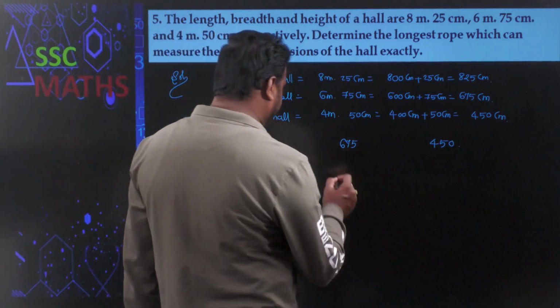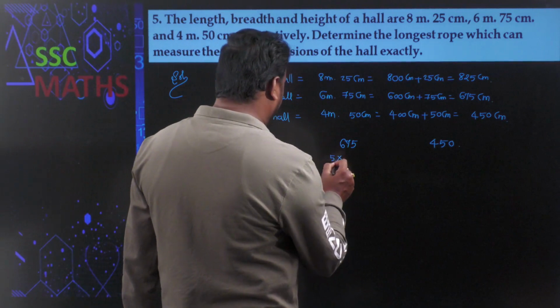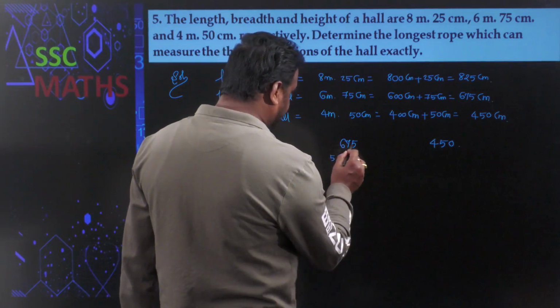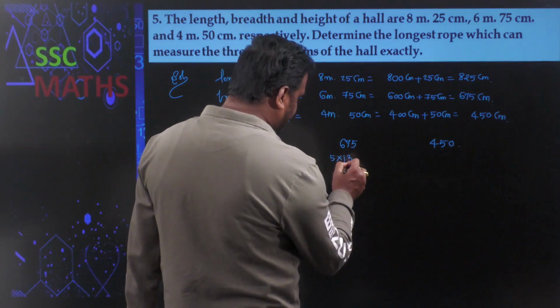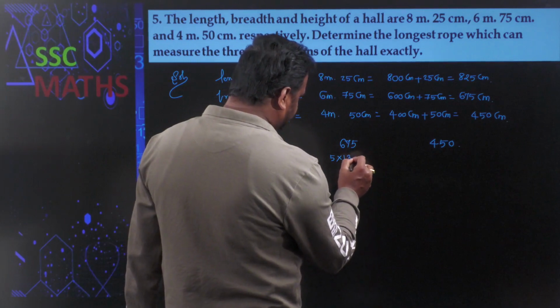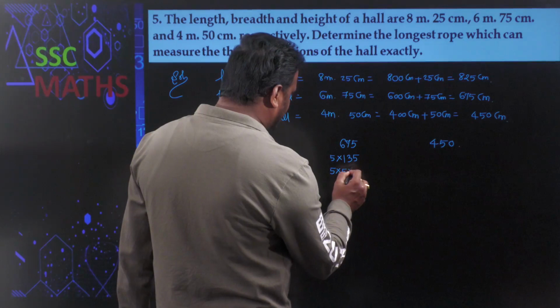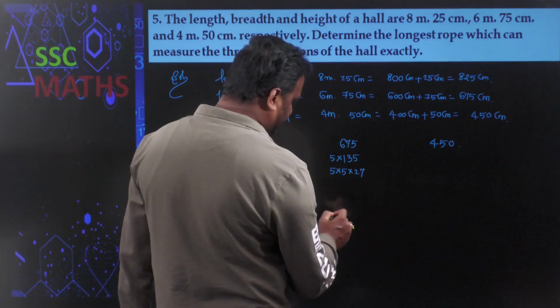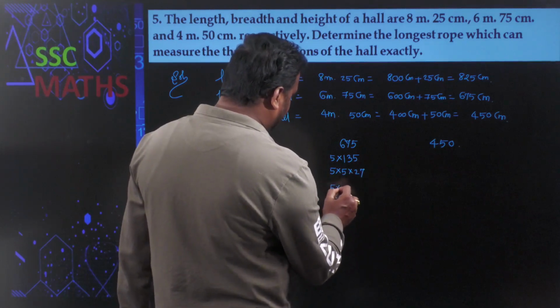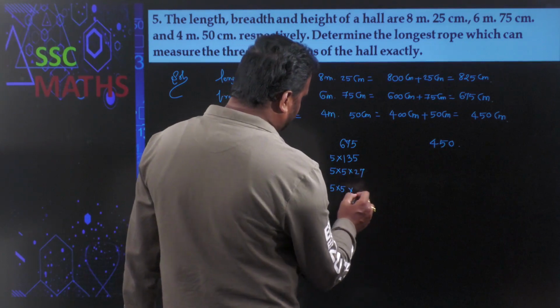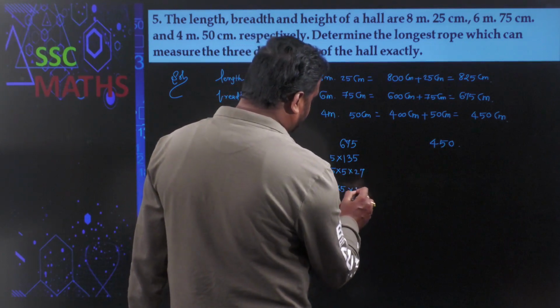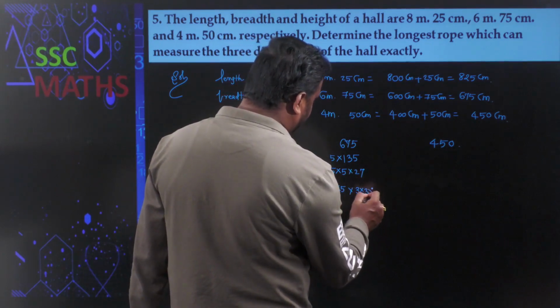Coming to 675, divide by 5 to get 135. Again divide by 5 to get 27. Again 27 is 9 times 3, or 3 cubed, that is 3 into 3 into 3.